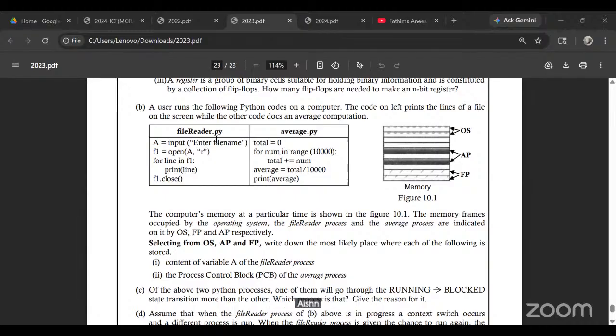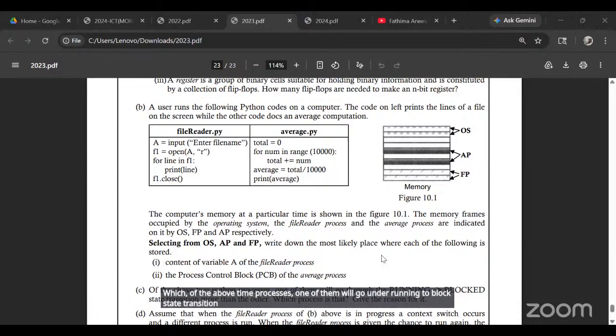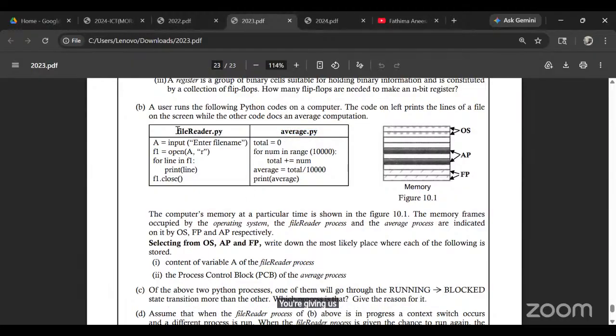Harishni, dear, which one can you? Mustafa, what is the question? What is the answer? Which of the above two Python processes, one of them will go under running to block state transition more than the other one? Which process is that they ask? Is it the file reader or the average.py process they ask? And if you're giving average, why; if you're giving file reader process, why. So first you have to find out which one of them goes from running to block. Your answer is not related to this.